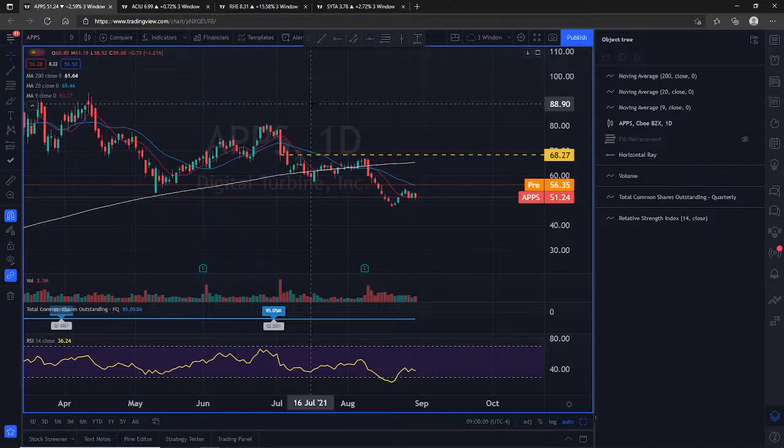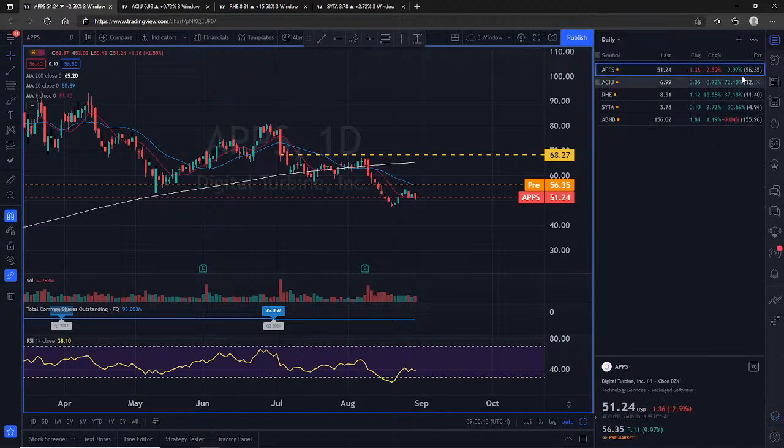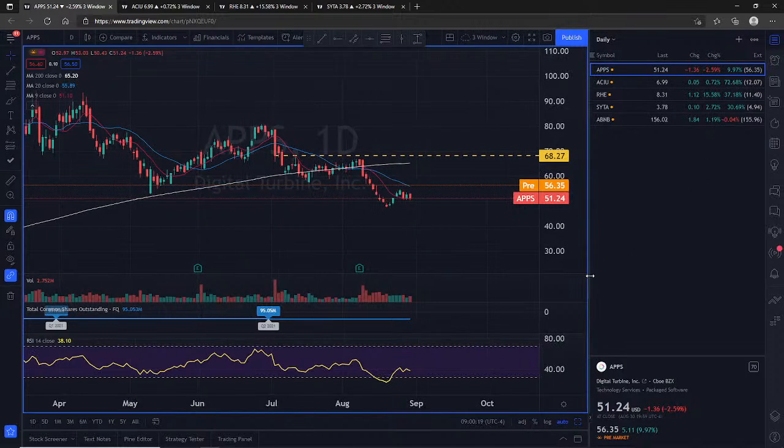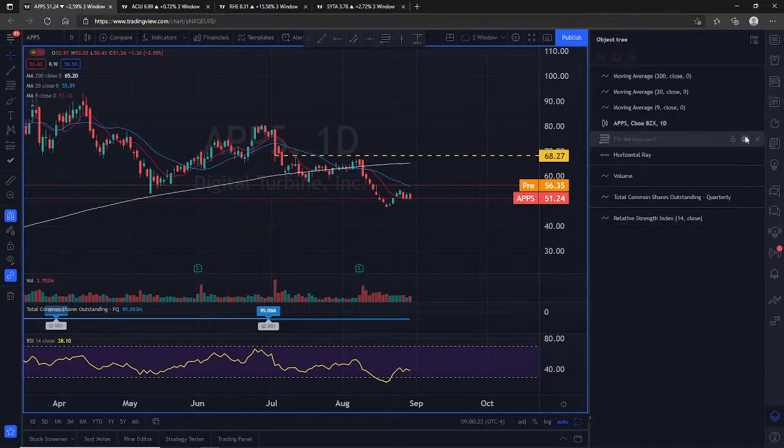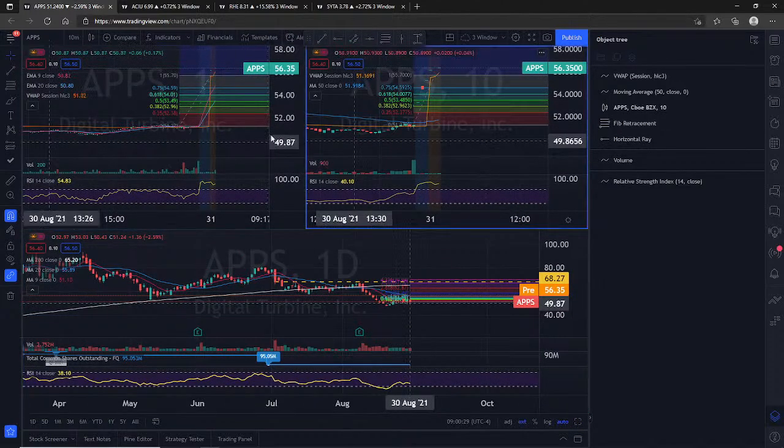So if it opened up right now, it would open at $56.35, which is a 9.97 or 10% increase over yesterday's close. So let me go to the Fib Retracement I have here. It's not going to look pretty on the 1 day, so let me take it over to the 10-minute.